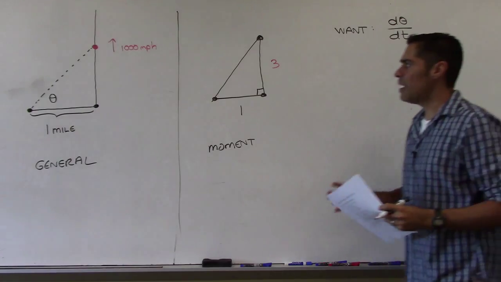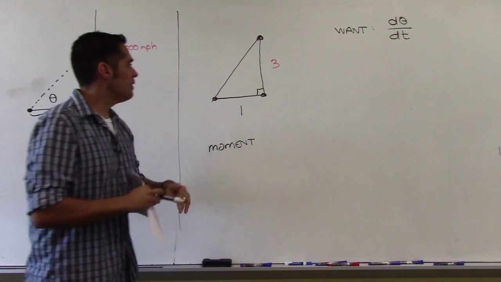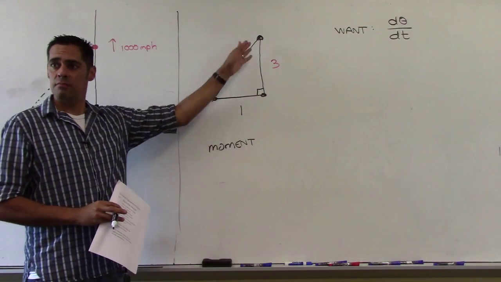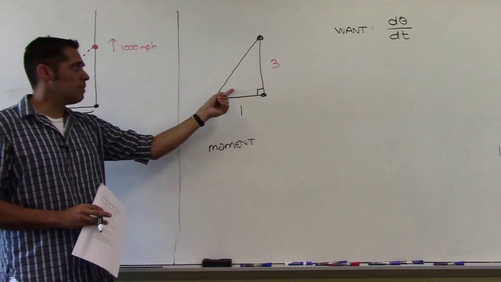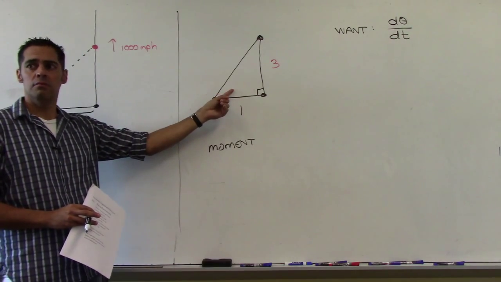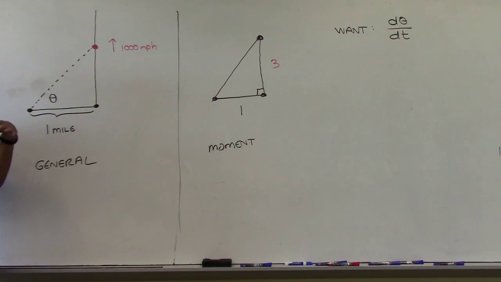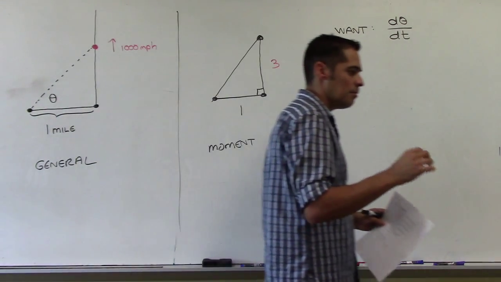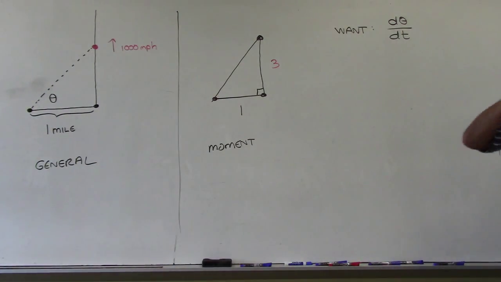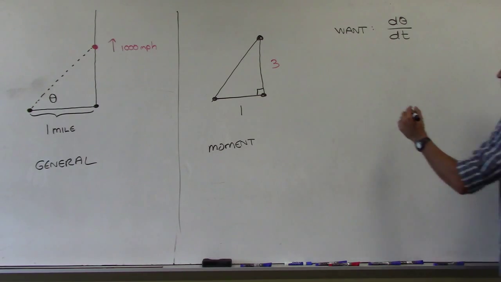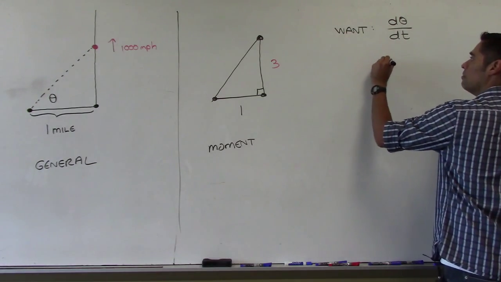It's one thing to figure out what theta is. If I give you a triangle that's fixed, like this, can you tell me what theta is? Could you actually find that angle? Yes, because it's fixed. But we know that the rocket has never stopped. We're trying to find at an instant how fast that's changing. So we don't want to know a static moment in time. We want to know how things are related to each other as they change. So we want this. When do we want this?